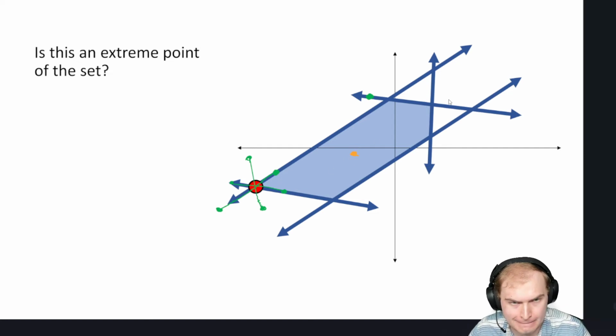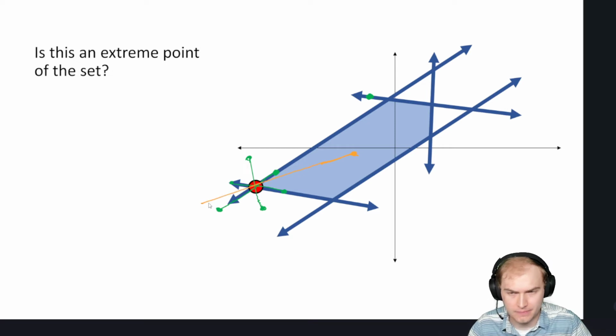Because you could still technically go outside of the line segment. If I draw a segment from this point over here, you can't do that, right? The line segment is strictly between 2 points. It doesn't expand beyond it.